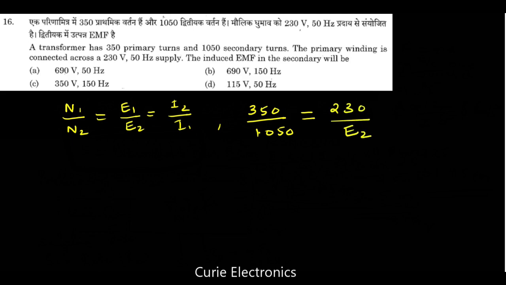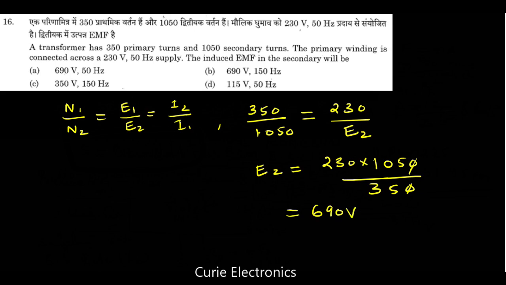E2 we have to find. If we cross multiply, E2 equals 230 multiplied by 1050 divided by 350. If you simplify this, you get 690 volt.